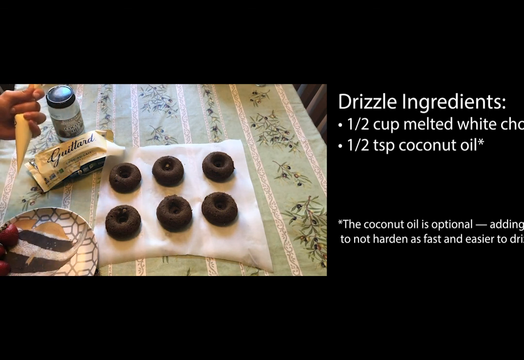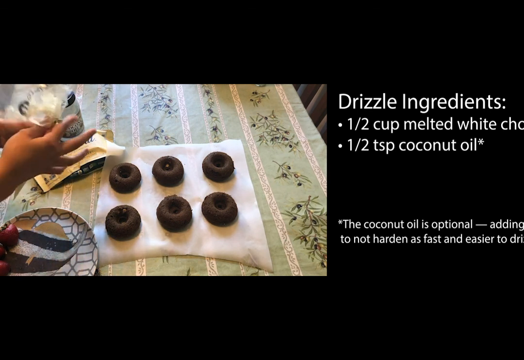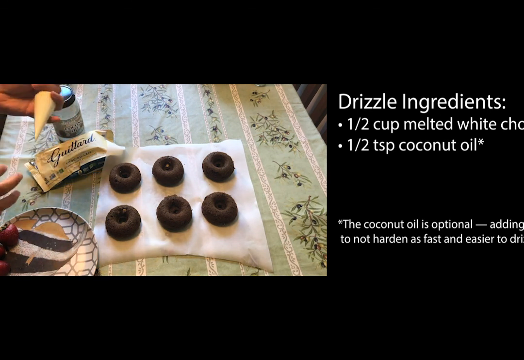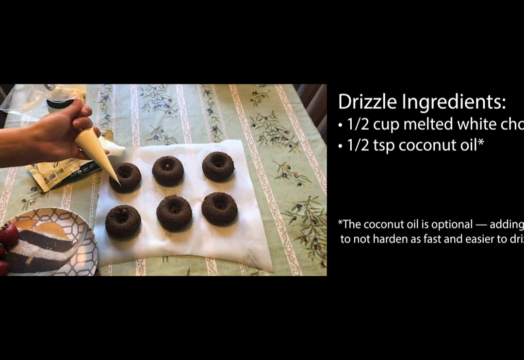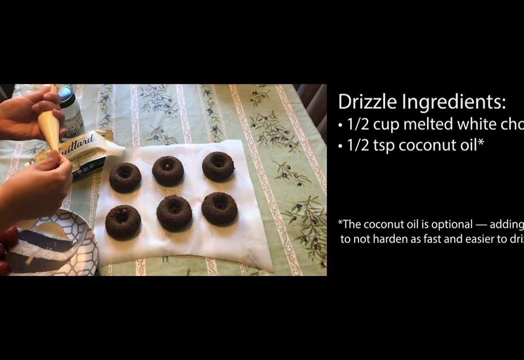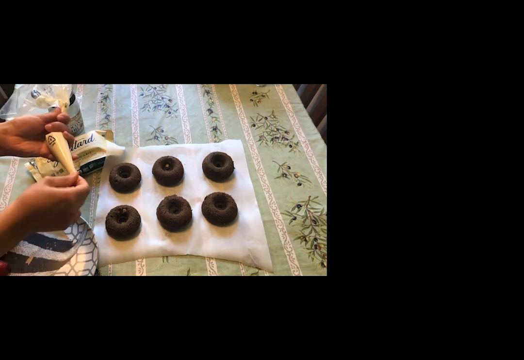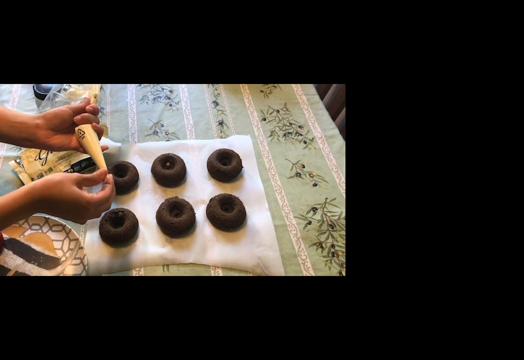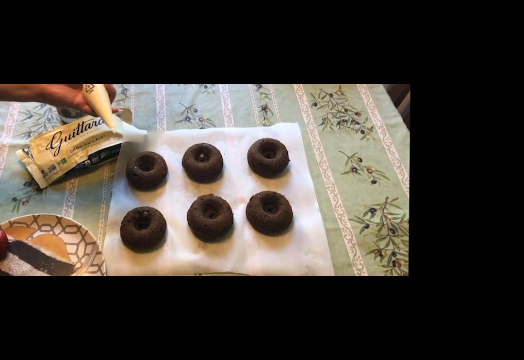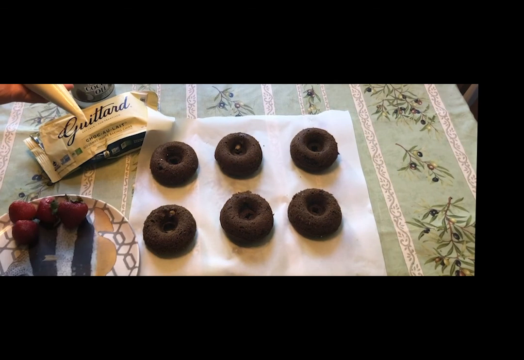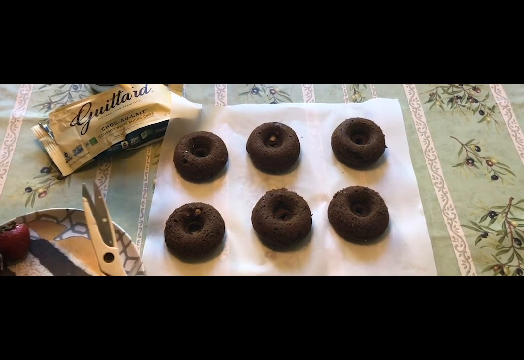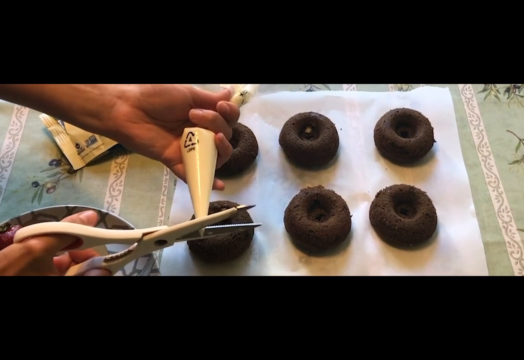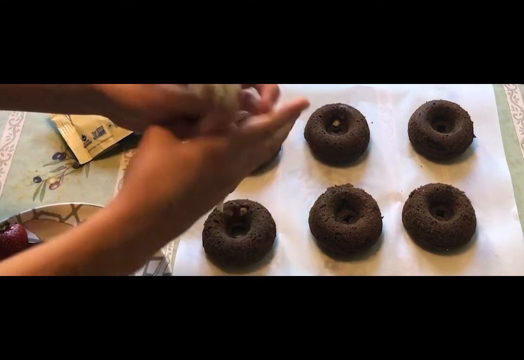I would cook it for 30 seconds in the microwave, stir it, and then do another 30 seconds, and continue that if it still isn't fully melted. So now I'm just going to snip off the ends and drizzle it. Here I also have some strawberries in case I have some extra white chocolate glaze, or drizzle rather.